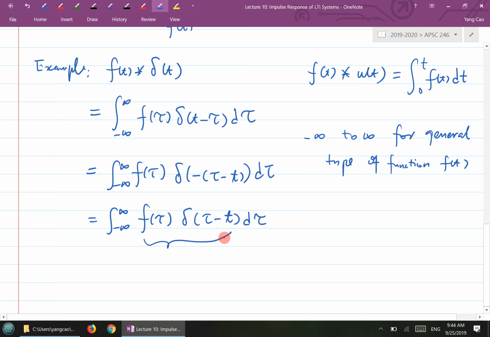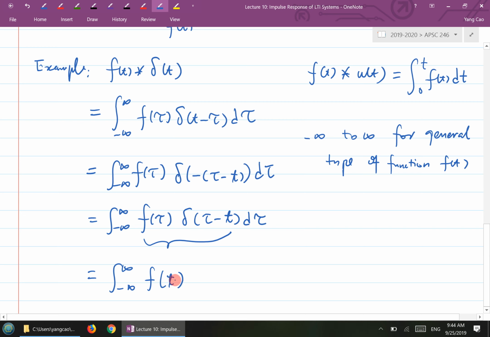If I only focus on the multiplication here, even though t is actually the original variable, in this case you are considering tau as the variable and t as the constant. So this multiplication basically gives you f of t here, right?